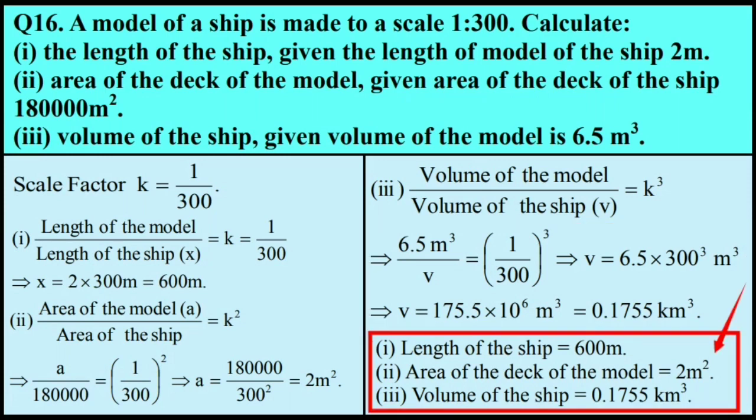Final results are number 1, length of the ship 600 meter, number 2, area of the deck of the model 2 meters square, number 3, volume of the ship 0.1755 kilometer cube.